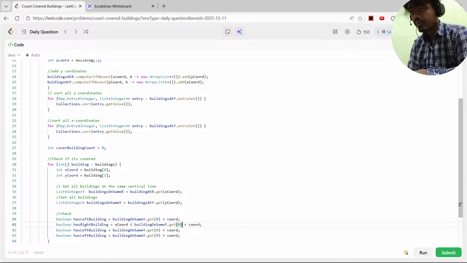And then we dot get same y, same y dot size minus 1, right?